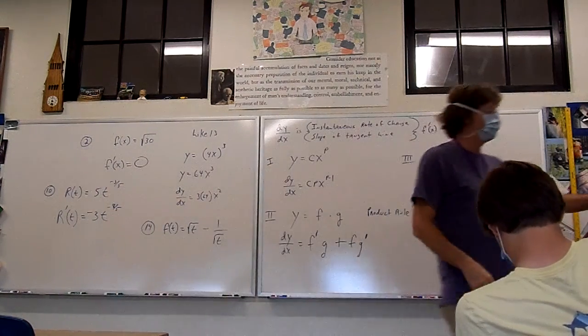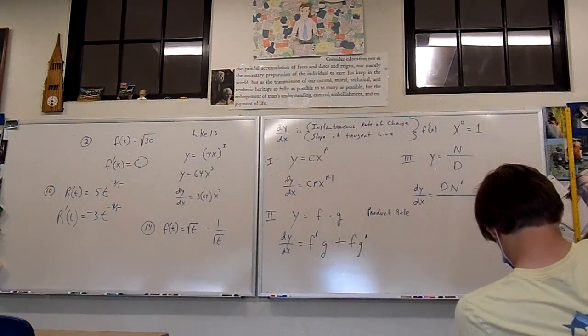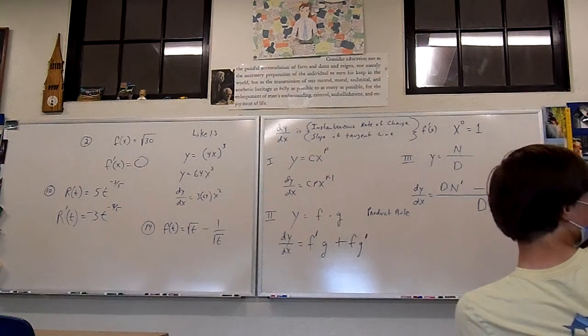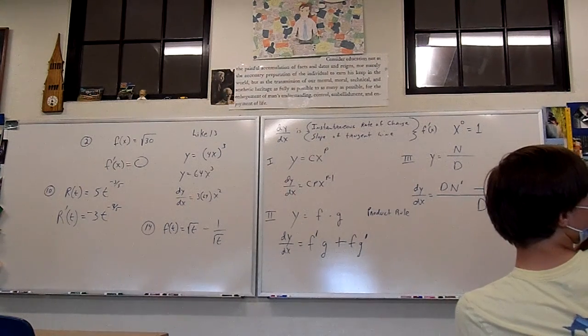And tomorrow and Friday, I'm just going to tell you to work all the odds on this page, okay? I'll just put tomorrow and Friday. It's Stewart 3.3, and you're just going to start at the top and work all the odds.